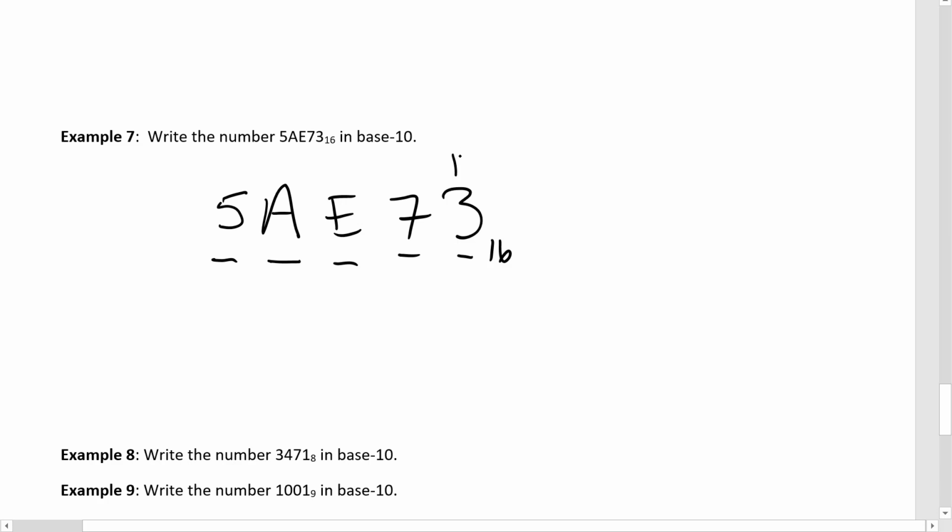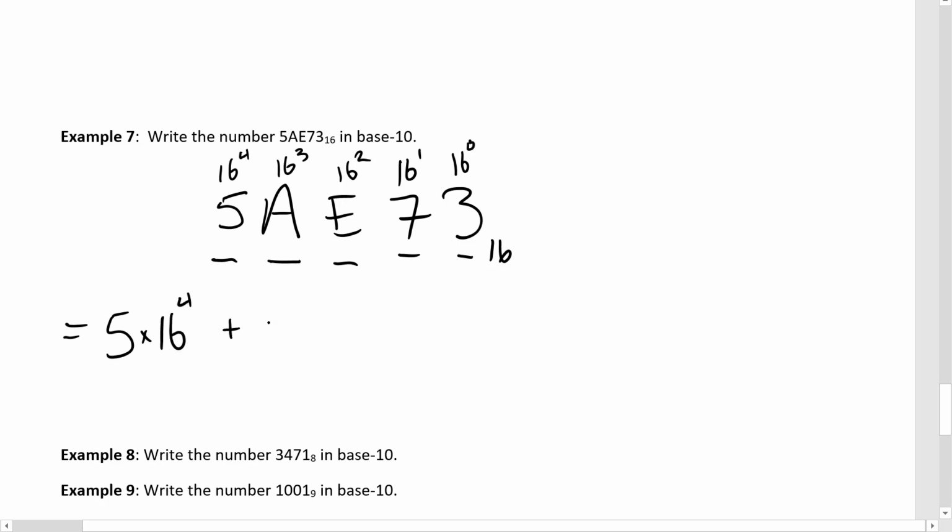So this is the ones place, which is 16 to the 0, 16 to the 1 place, 16 squared place, 16 cubed, 16 to the 4th. So we have 5 in the 16 to the 4th place.